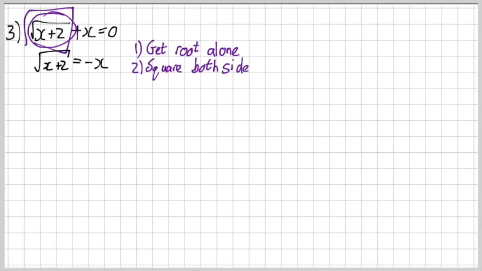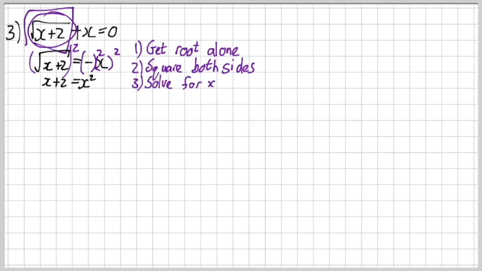By squaring both sides, I square the negative as well as that x. So I'm going to sit with x plus 2 equal to x squared, because the negative squared is just a positive. And now I need to solve for x. So my step 3 is to solve the equation.